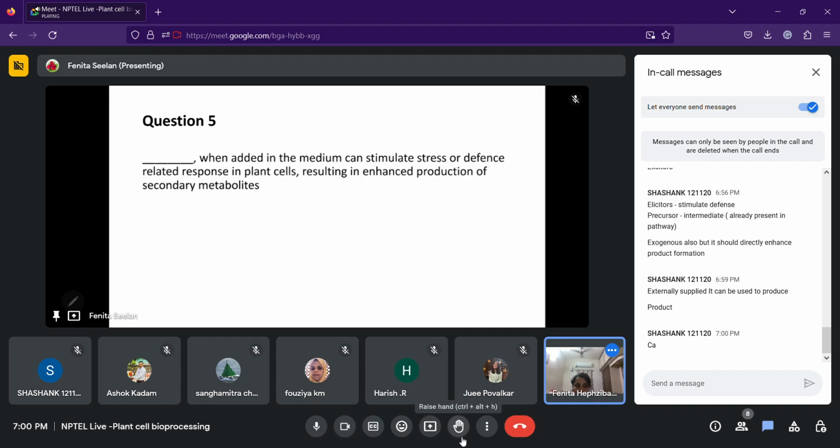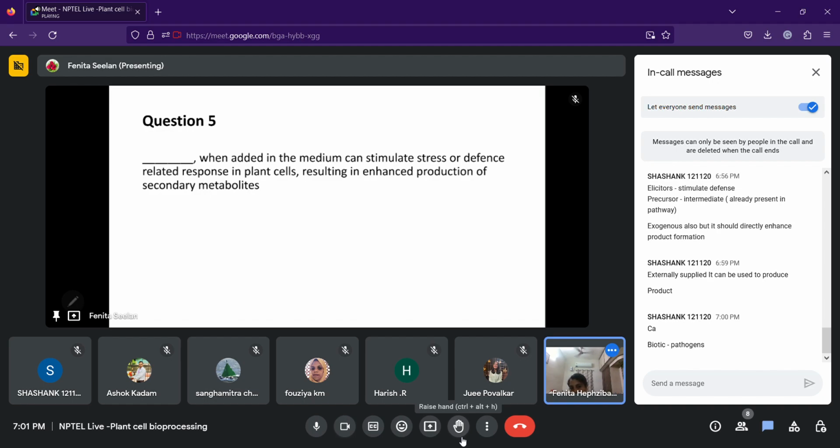What is biotic and abiotic? Anything which is produced by a living organism is biotic, and anything produced by a non-living thing is abiotic, right? So can you give some examples for biotic and abiotic elicitors? What will come in biotic elicitor? Biotic is pathogens.